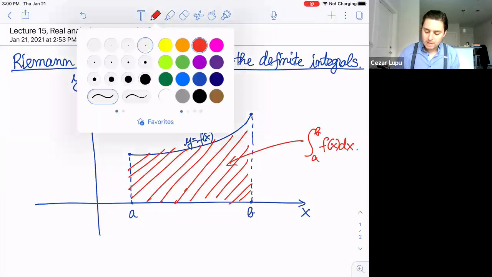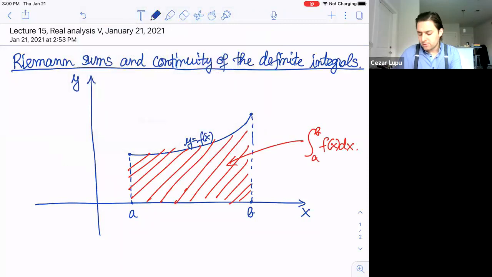Well, what was the Riemann's idea? As you can see, this is the area under the graph of f with the x-axis. Well, Riemann's idea was to approximate the area under the graph by a family of rectangles, right? So basically, we're gonna just approximate this by rectangles, and we keep going like this, and so on.